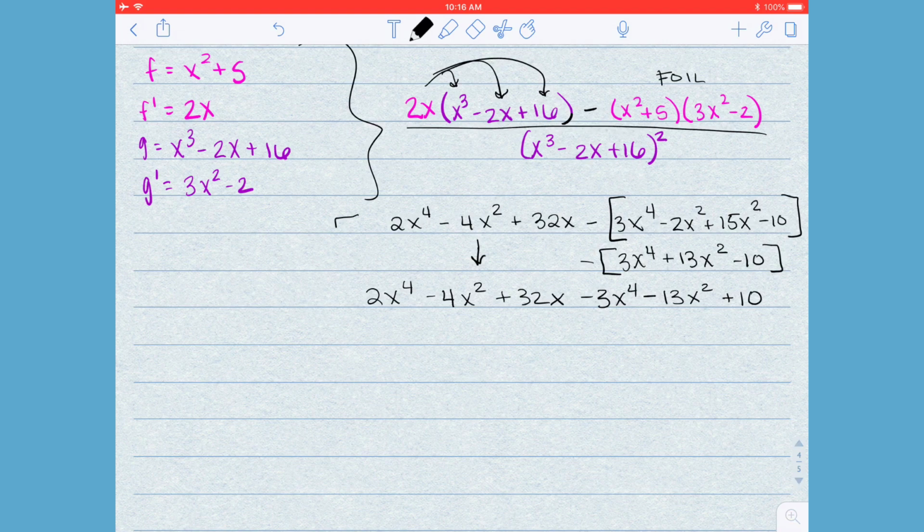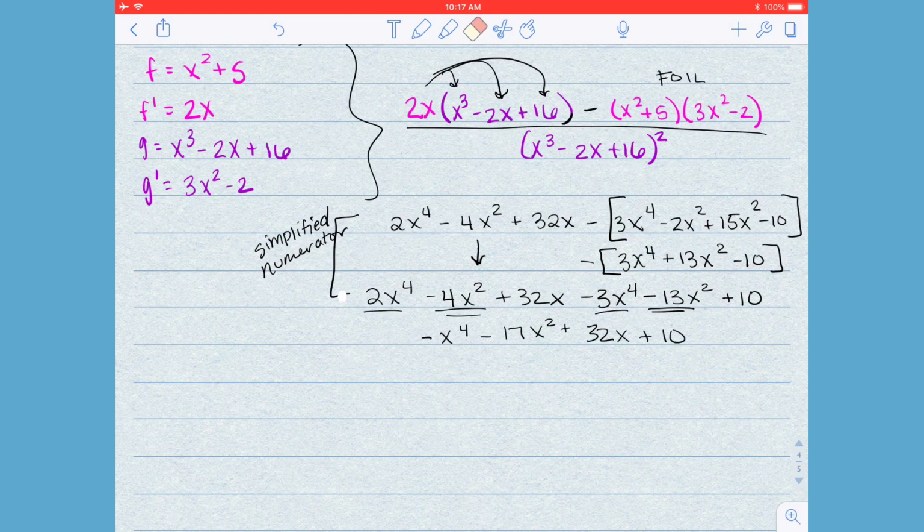I'm going to make a little note here. This is numerator. Numerator simplified. And I can combine my like terms. So that's these two and these two. So I end up with negative x to the fourth minus 17x squared plus 32x plus 10.